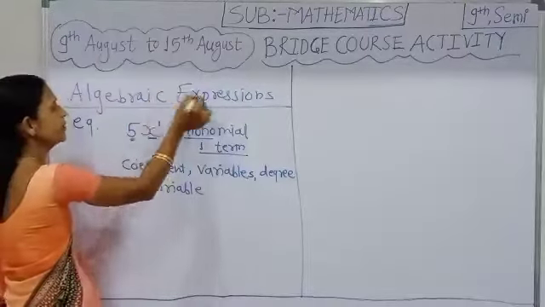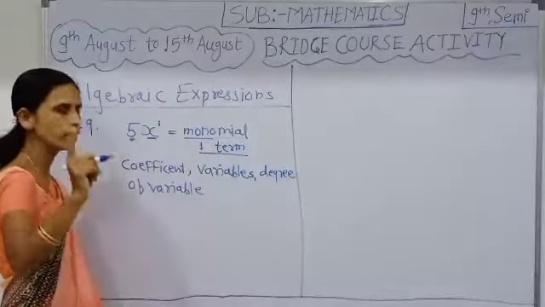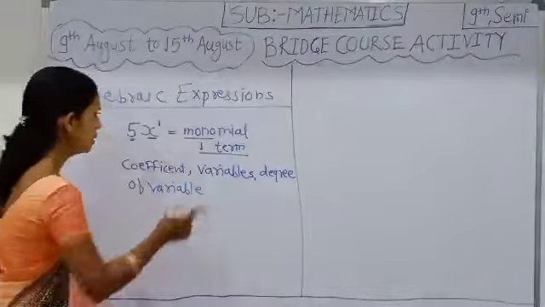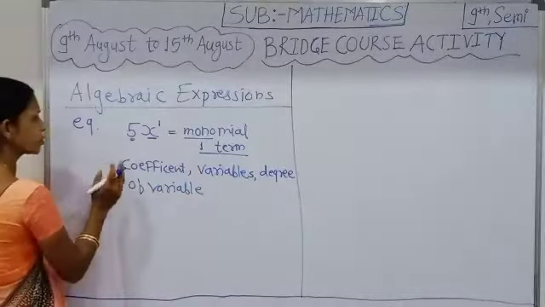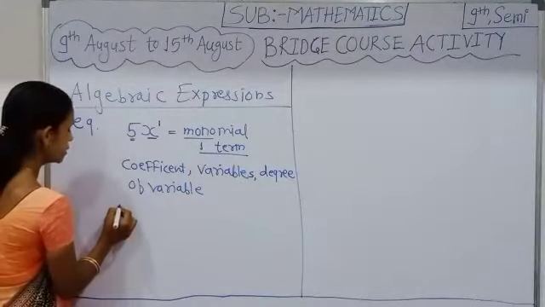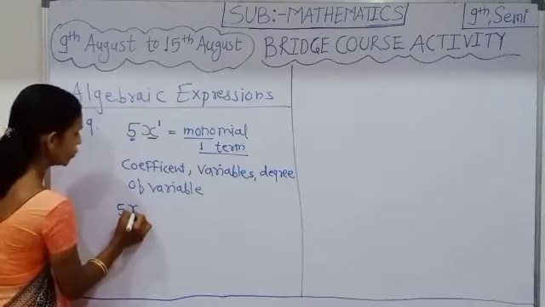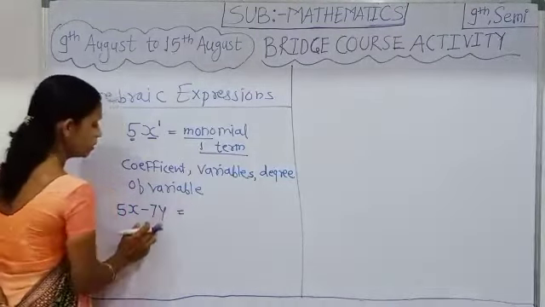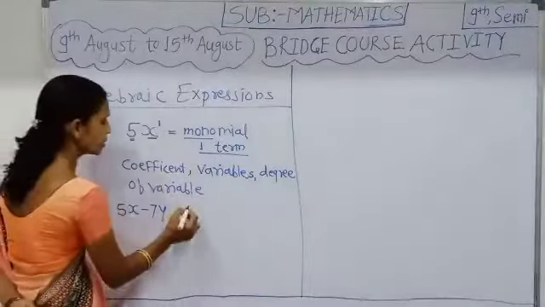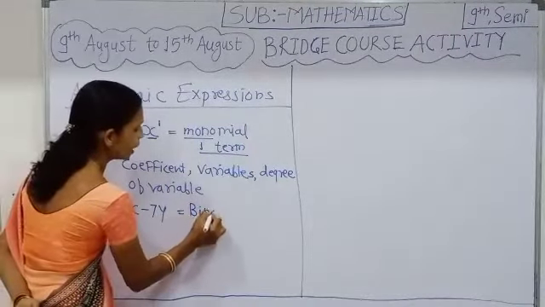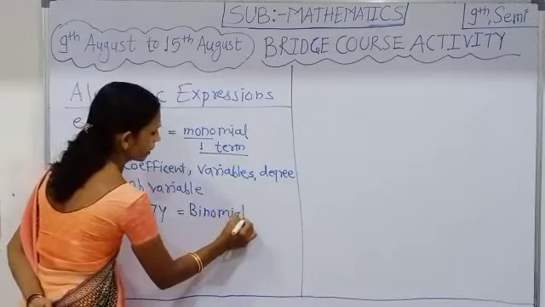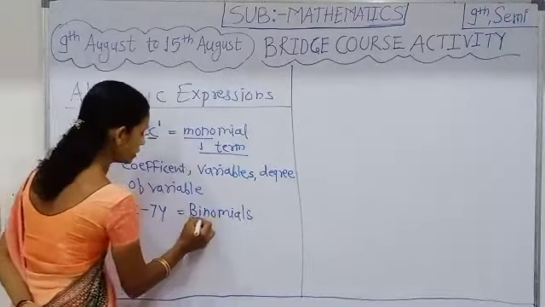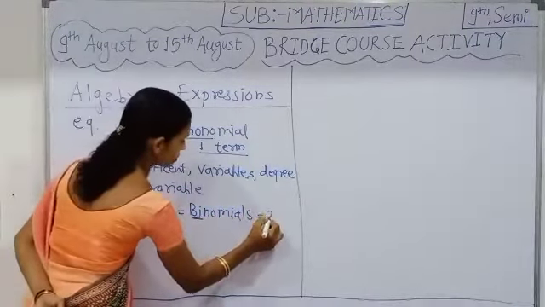When an algebraic expression contains only one term, it is a monomial. Another example of an algebraic expression is 5x minus 7y, which is known as a binomial, which contains two terms.